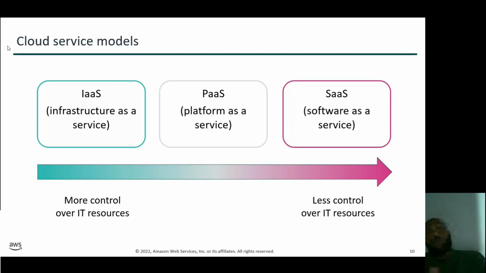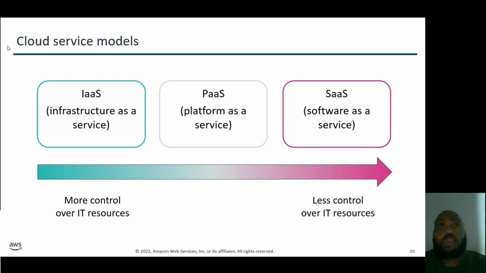As you move towards software as a service, your dependency on those actual resources becomes less, and you have much less control over them. Like your Netflix account, you have access only to your account. Your Gmail, you have access only to your account. You have access to nothing else. That's how those different models work.